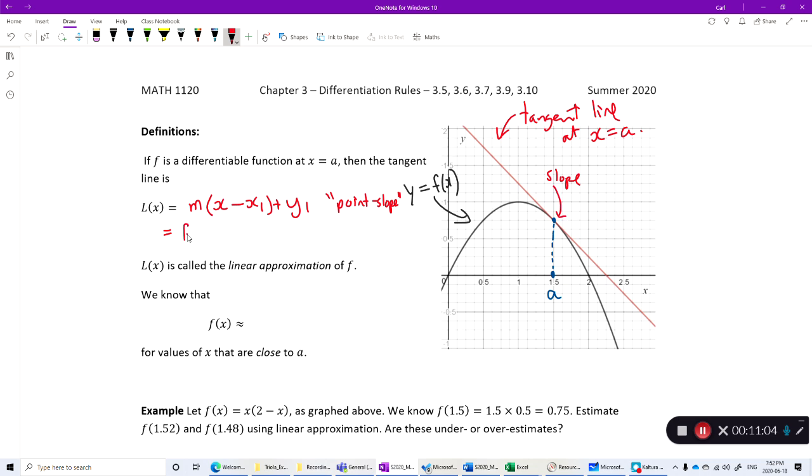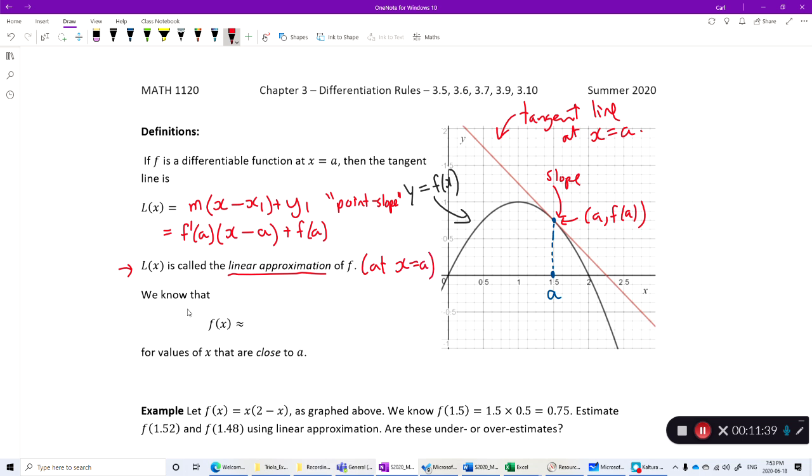It's going to be f prime of A. And the point here is A comma f of A. So my x1 is A, and my y1 is f of A. So this is the general form of the tangent line. And furthermore, it's also what we call the linear approximation of f at x equals A.